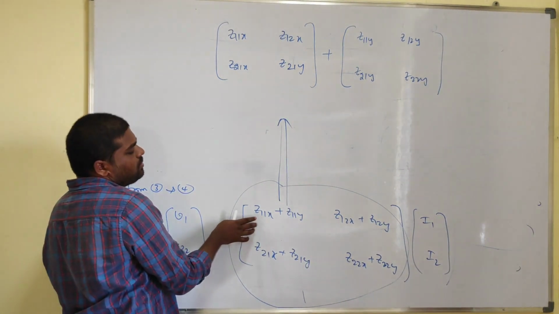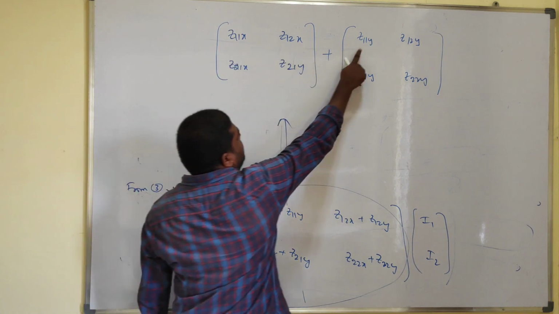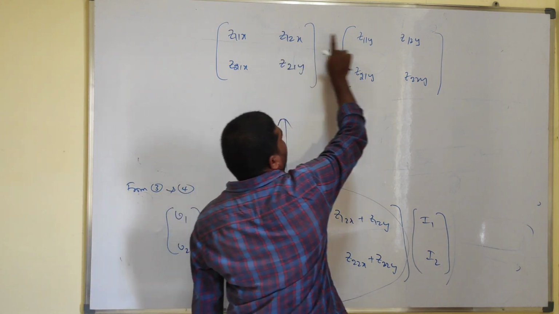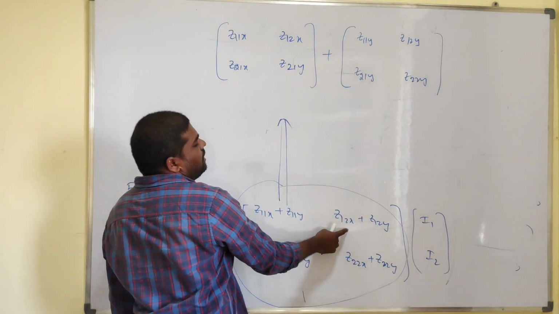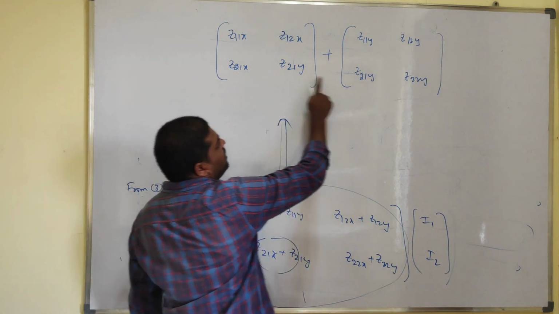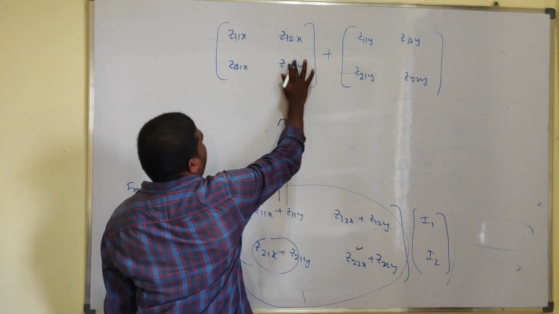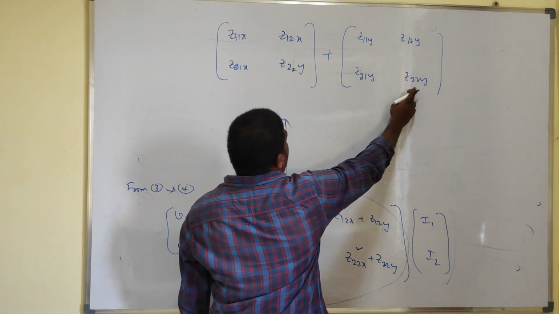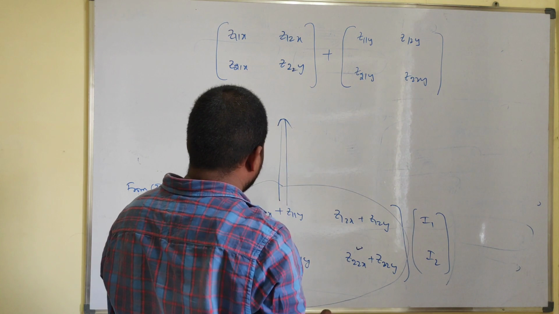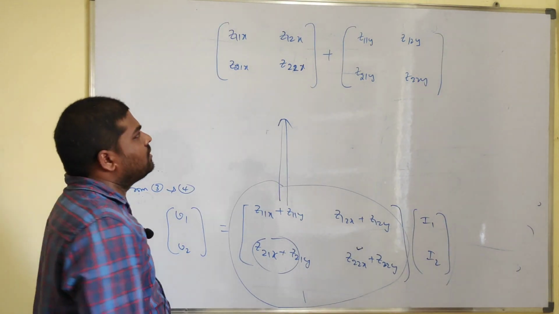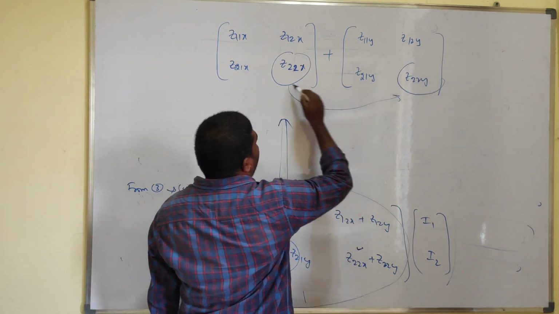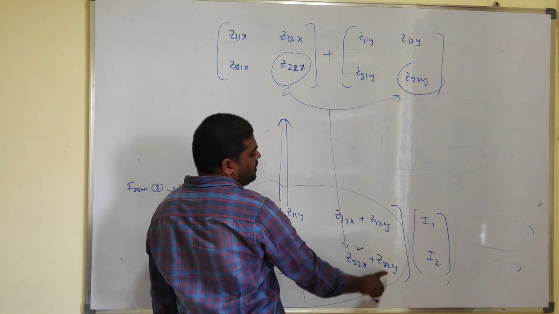Here Z11x plus Z11y is the first term. Similarly, adding these two matrices gives Z12x plus Z12y, then Z21x plus Z21y, and the fourth one is Z22x plus Z22y.